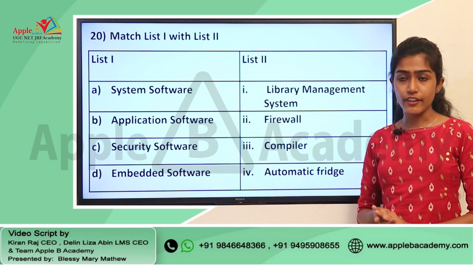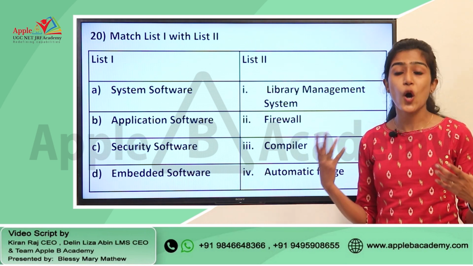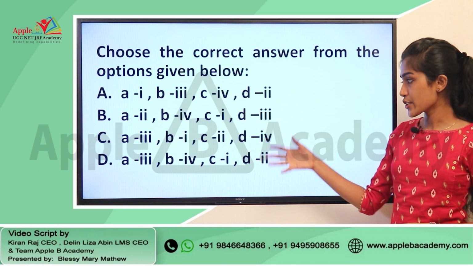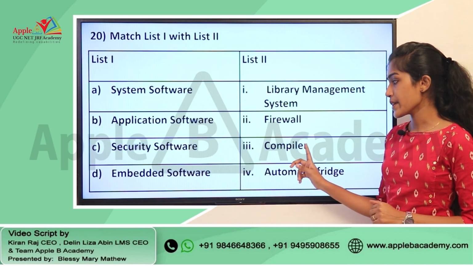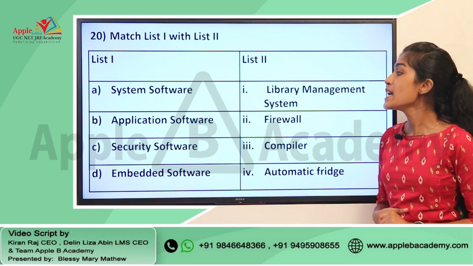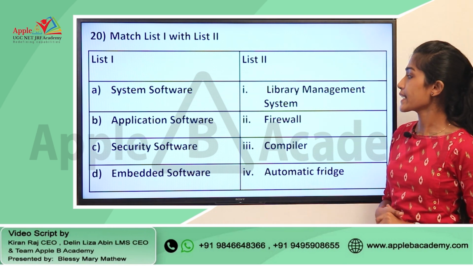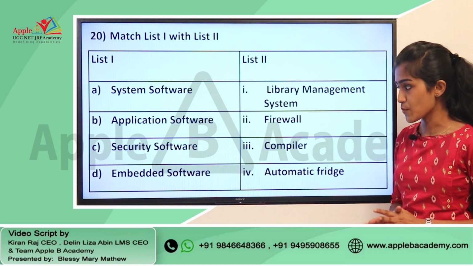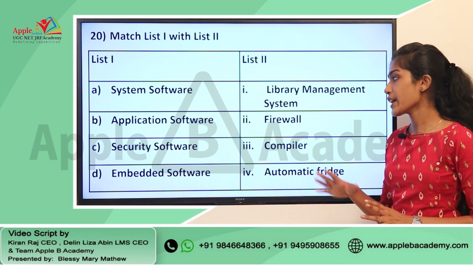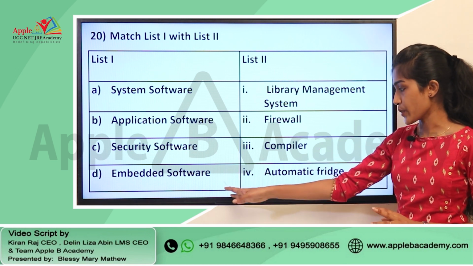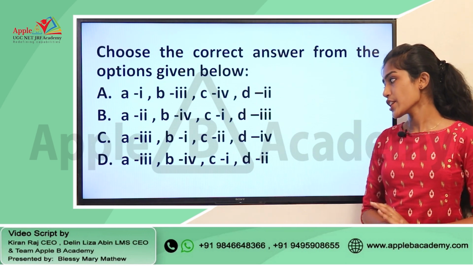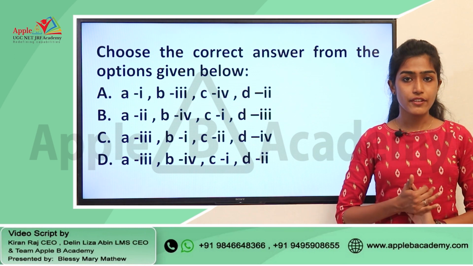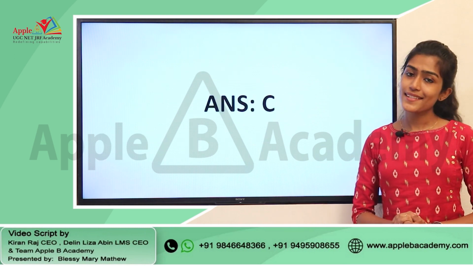We have to identify the correct combination from the options given. System software can be associated with compiler. Application software can be associated with library management system, security software with firewall, and embedded software with automatic flight control. So, A 3, B 1, C 2 and D 4. The right answer given for this question is option C.